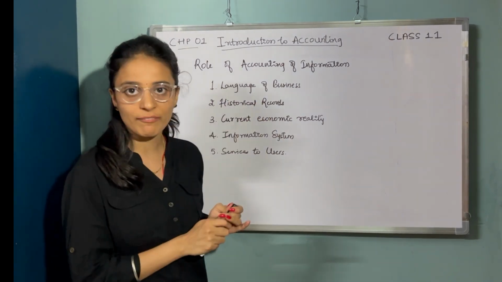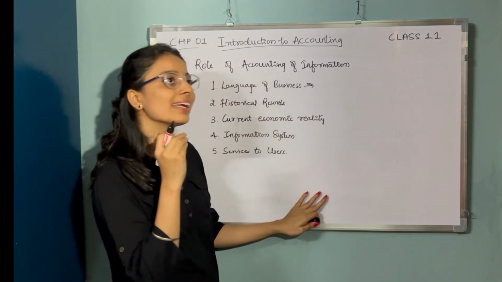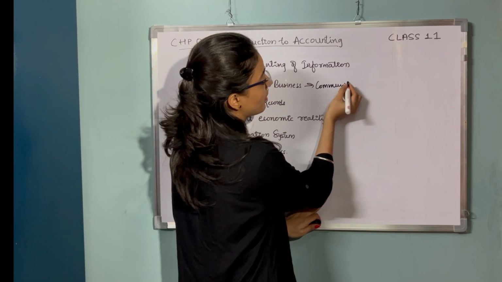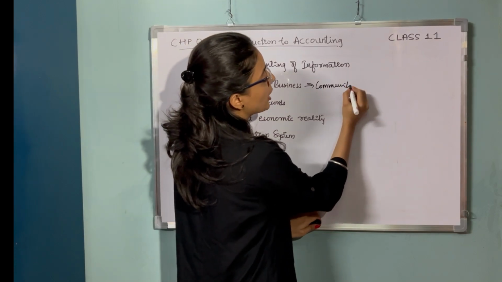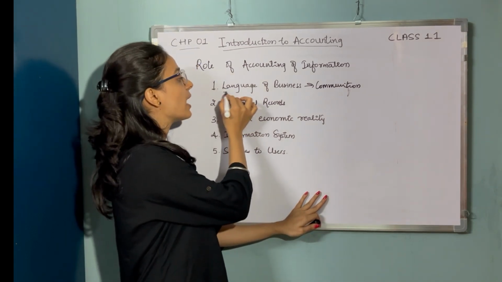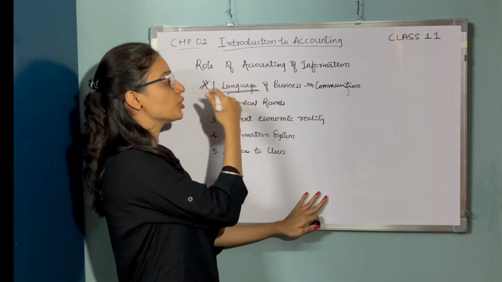Firstly, it is the language of business, in the sense that it is communicating the information to various users of information, right? Because of this, we understand how the business is doing. So accounting information is termed as the language of business.